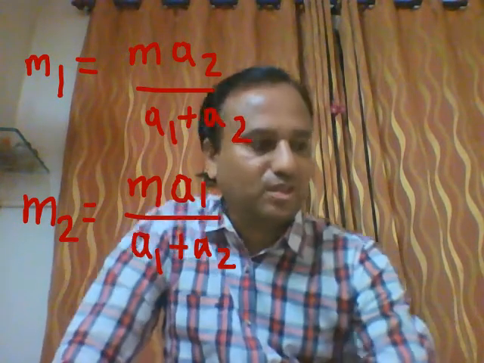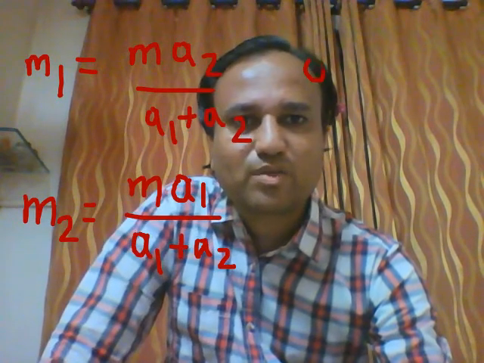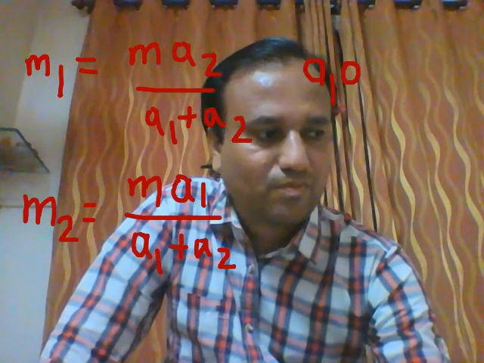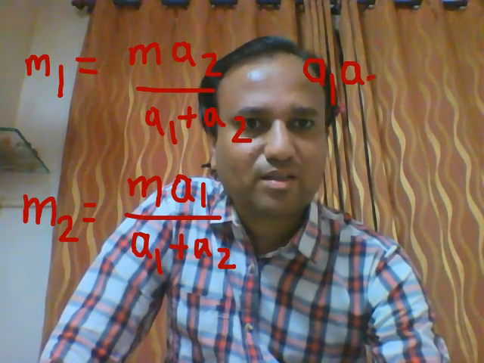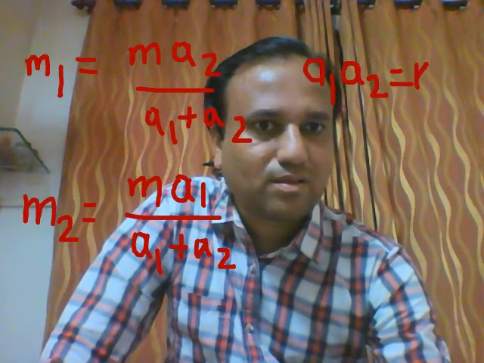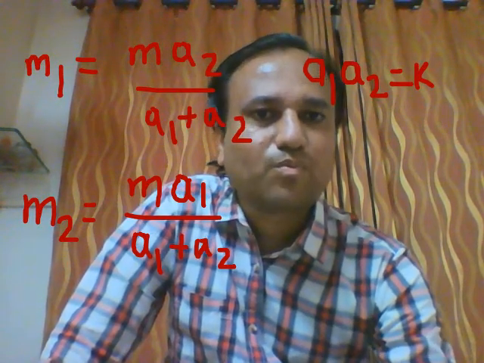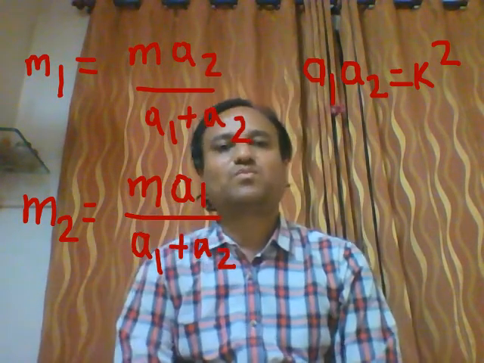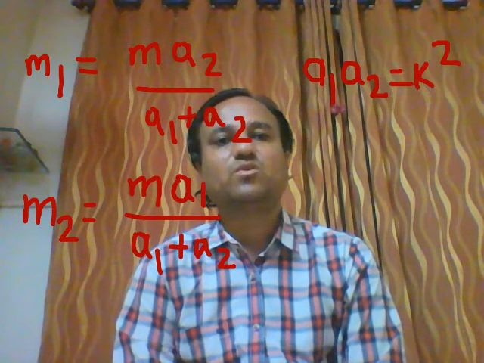Now again, the third equation is the important equation. From this equation we will get the radius of gyration. So A1 A2 is equal to K square.